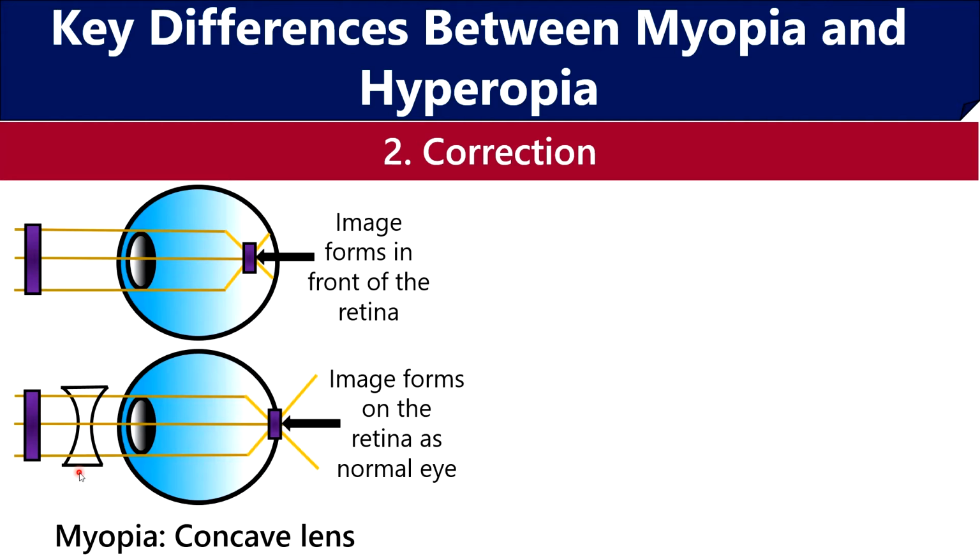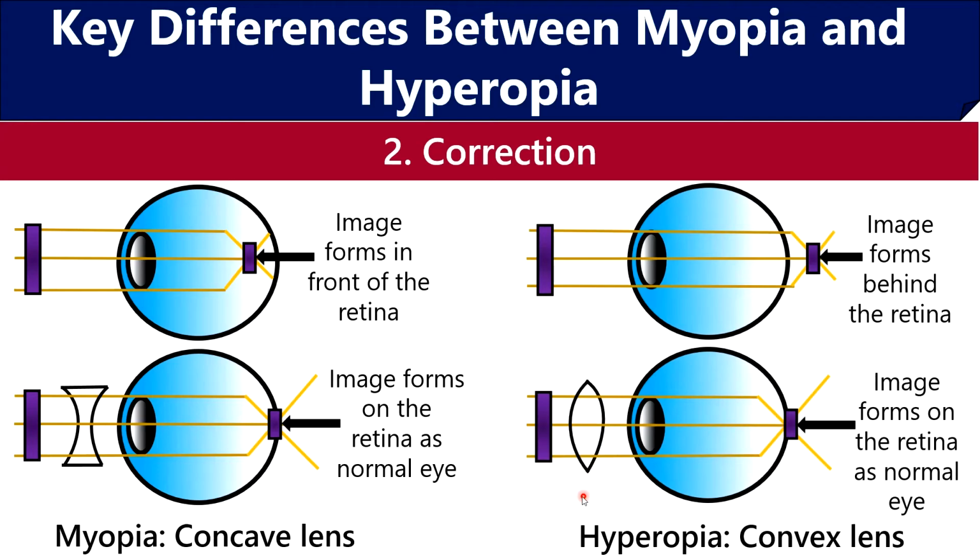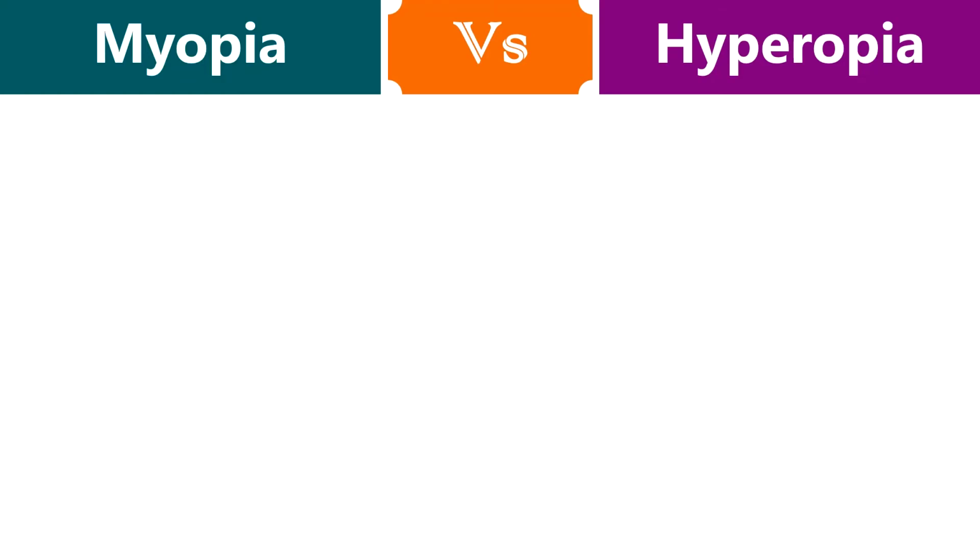A diverging lens is wider at the edges than the middle and it correctly focuses the image onto the retina. Then to correct hypermetropia, a converging or positive artificial lens is used, that is a convex lens. A converging lens is wider in the middle than the edges and it bends the incoming light directly on the retina.